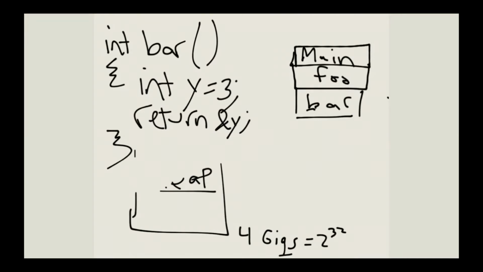Where does y live? Y lives in that bar. Somewhere in this little square of memory is a littler square that has y in it. So when I return ampersand y, I'm returning a pointer to this little block of memory.